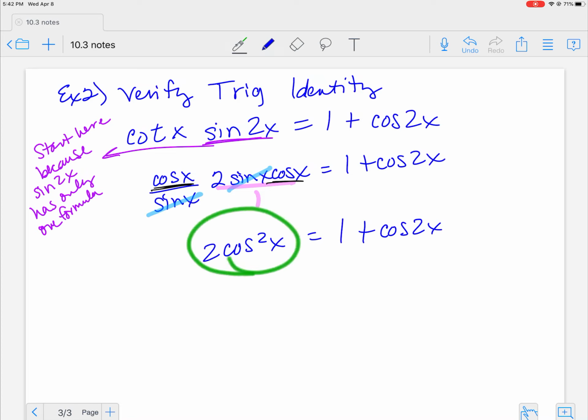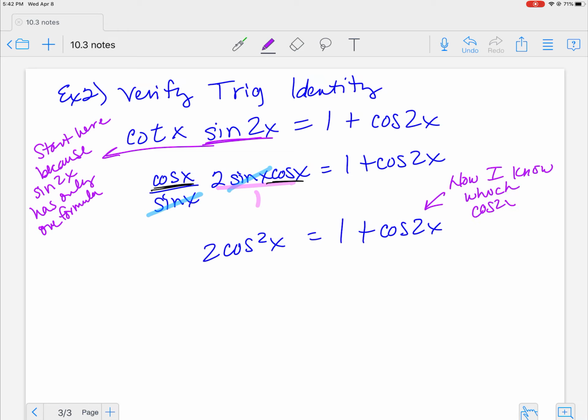So now I'm left with 2 cosine squared x is equal to 1 plus cosine 2x, right? Now that I'm working back through this problem, as soon as I see this cosine squared on this side, that is my tip-off. Now I know which double angle cosine to use.